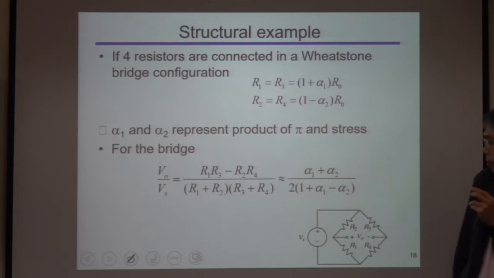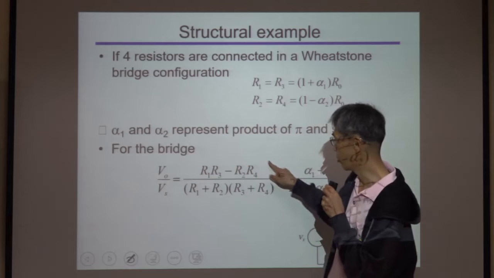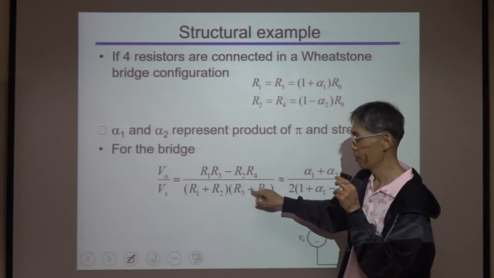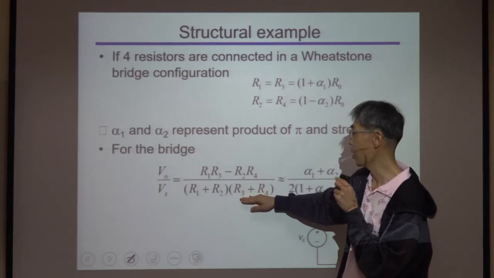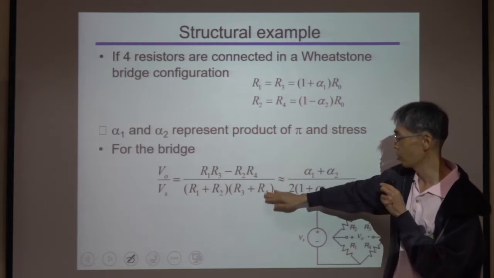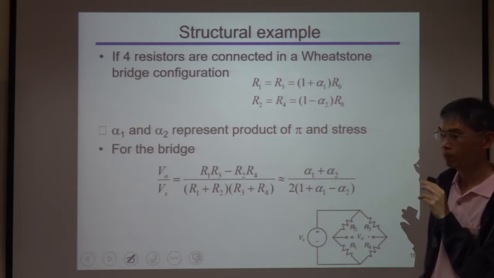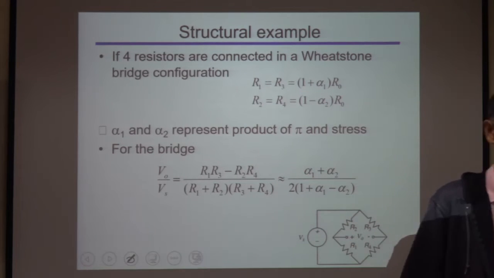Now please calculate V0 divided by Vs. Derive this one, then plug in these two expressions and get the solution. Ready? Go.